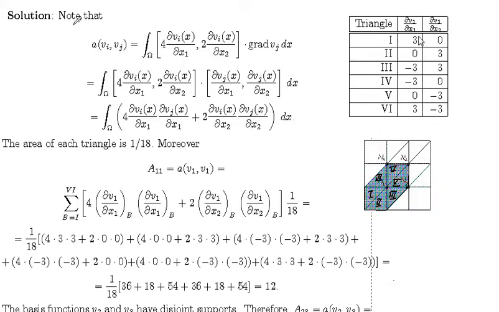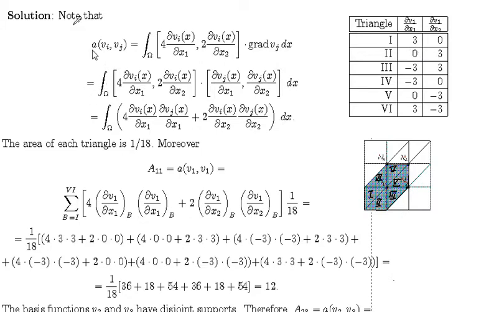And this is exactly as we did it in the lectures, with the only difference that in the lectures we had a different triangulation, so that we got 4 in all these places instead of 3.